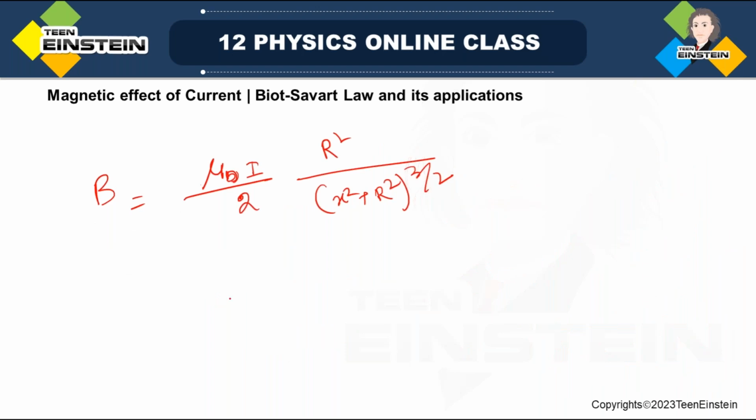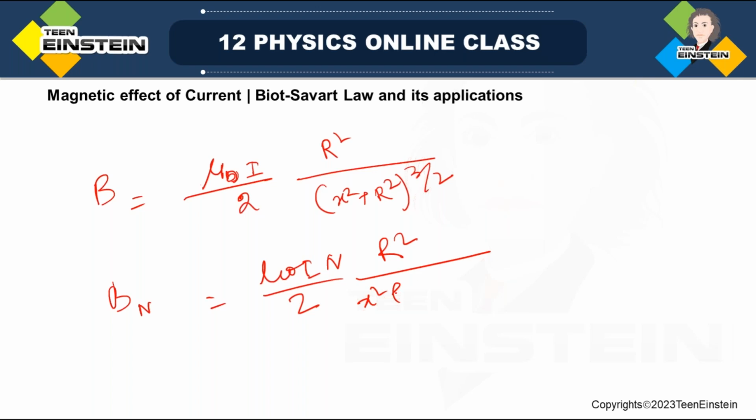So if there are n number of turns, then in case of n number of turns, we get mu 0 I by 2 pi n r square, and this is r square here, and the whole to the power 3 by 2.